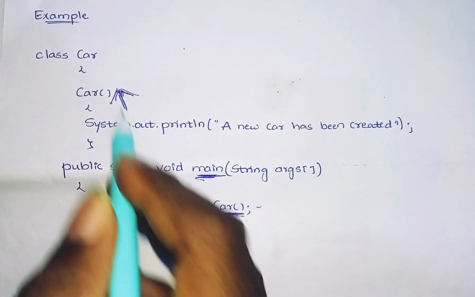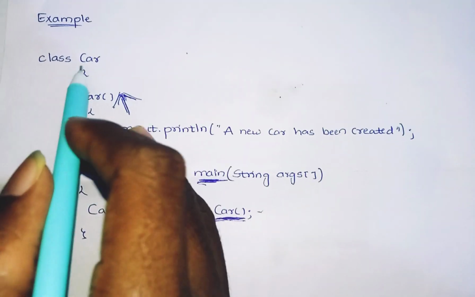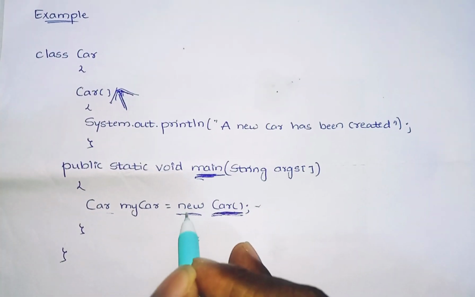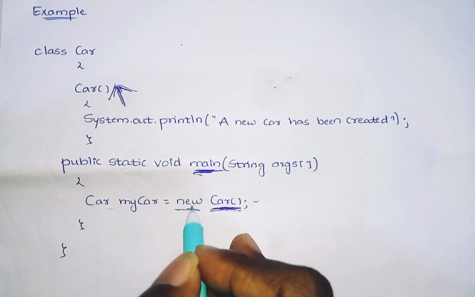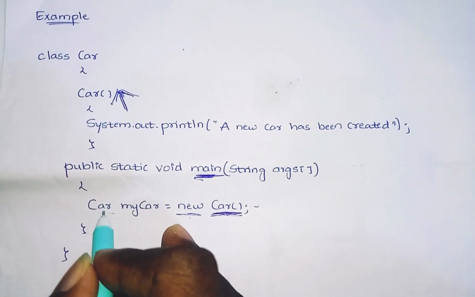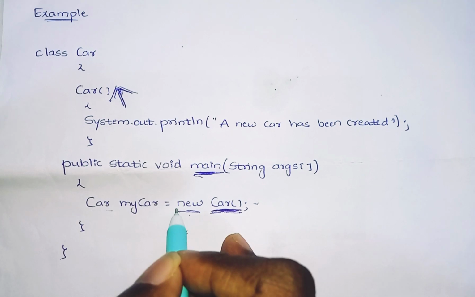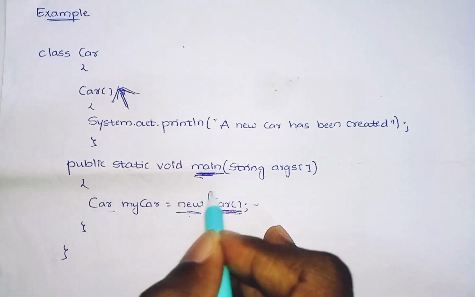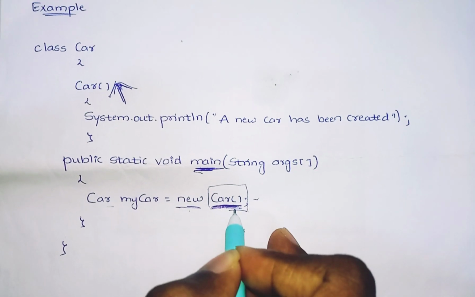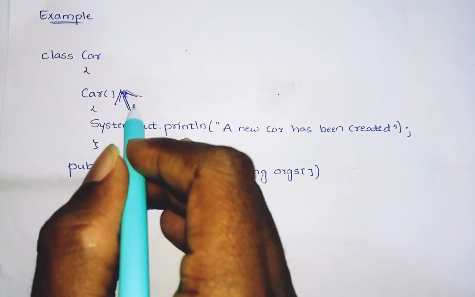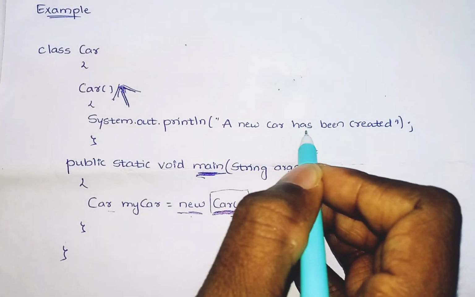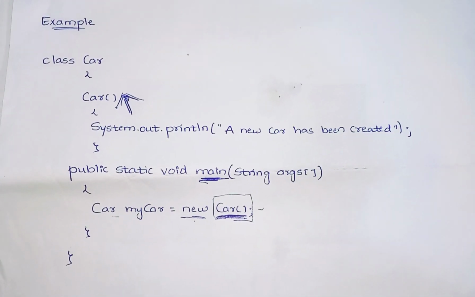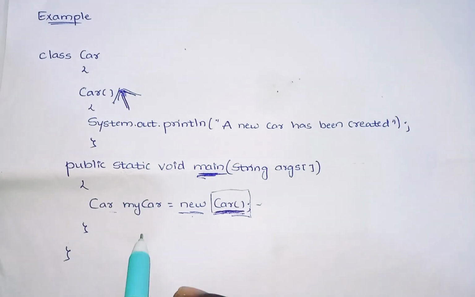So what we have observed is, we have taken Car as the class name, and inside the main method, using the new keyword, I am creating the object for the class Car. The moment you create an object, this Car constructor gets called automatically, and this block of code gets executed. This is a constructor in Java, and by default it is a default constructor.